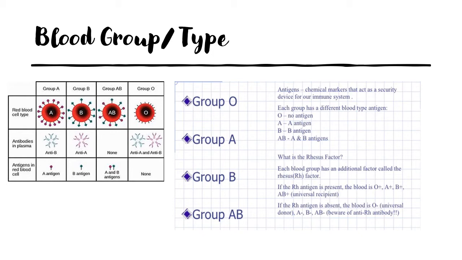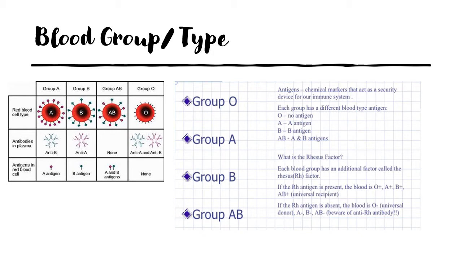You will see in the picture there is a difference shown for group A and group B, even the color of the antigens is different. The person who has group A blood will have anti-B antibodies, and the person who has group B blood will have anti-A antibodies.